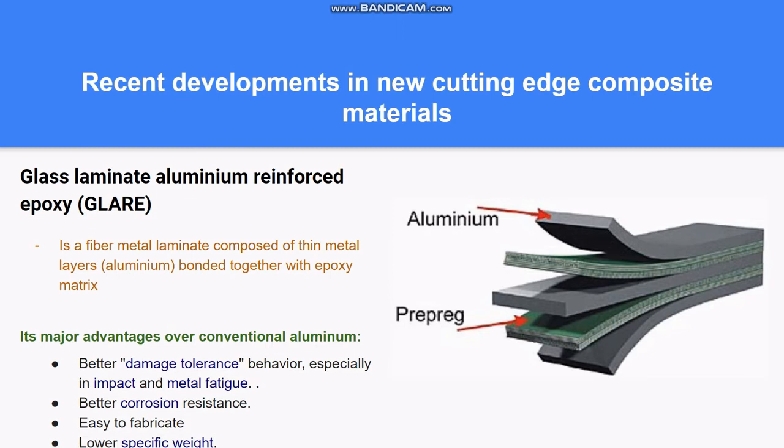Its main advantages over conventional aluminum are better damage tolerance, especially in impact and metal fatigue. It has very good corrosion resistance, slightly more than the normal carbon fiber composites, and it is easy to fabricate, making it low in specific weight.